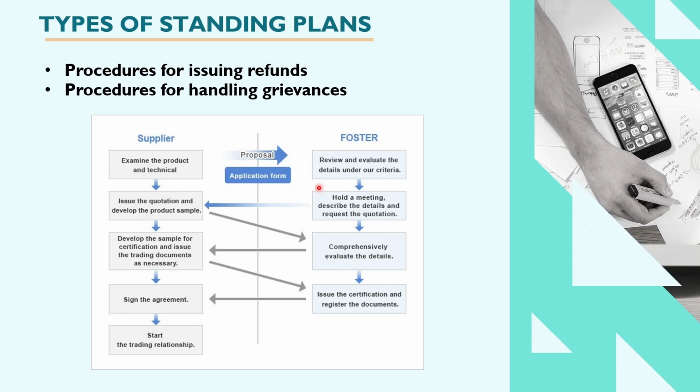So each step is laid out clearly para yung ating organization alam nang gagawin pag may ganitong agreement between the suppliers. So hindi yan sila manghula kung ano ang next step, ano yung final outcome ng procedure na to.